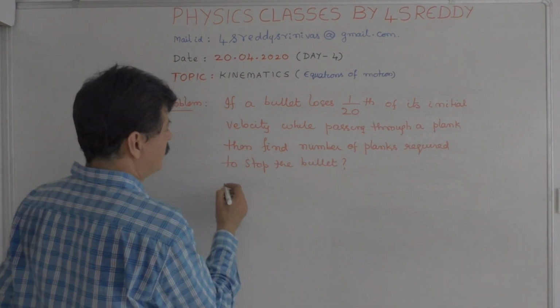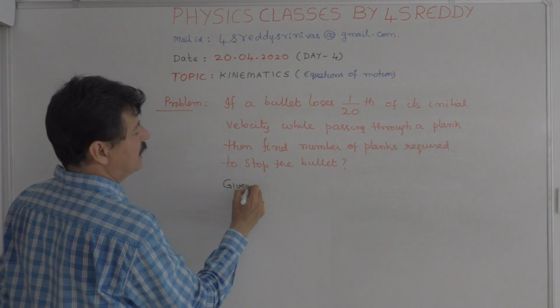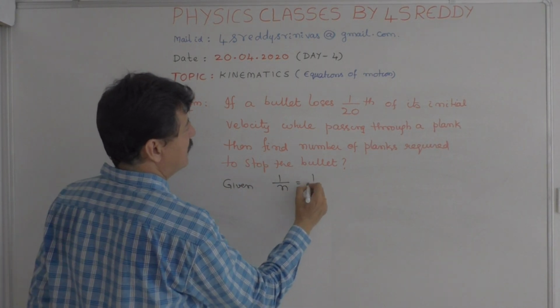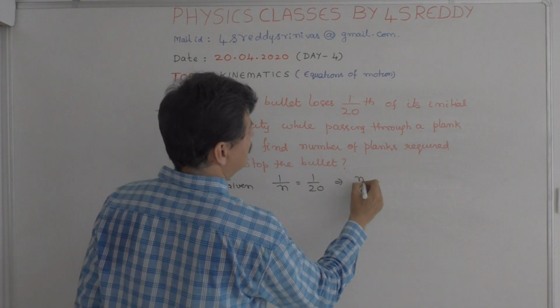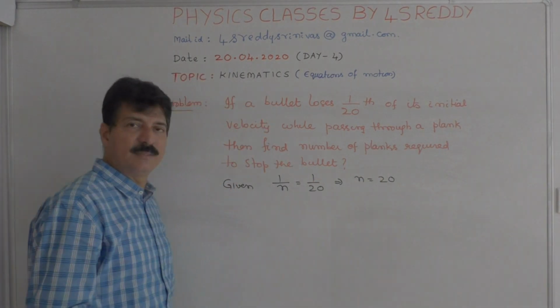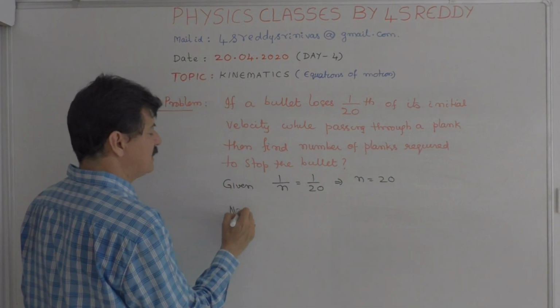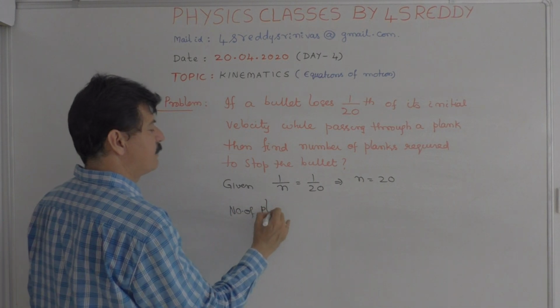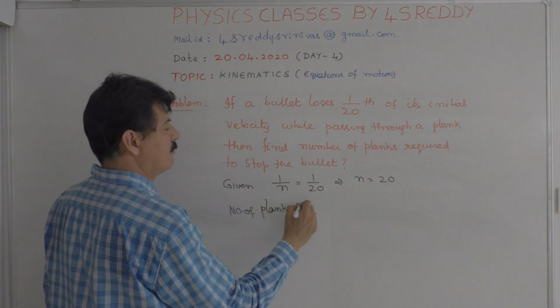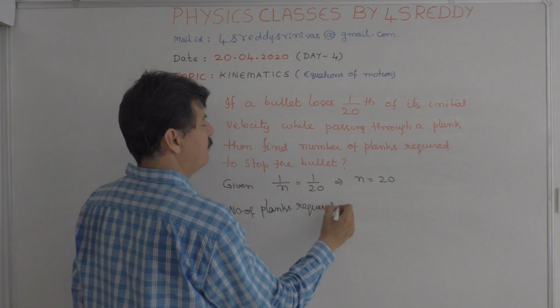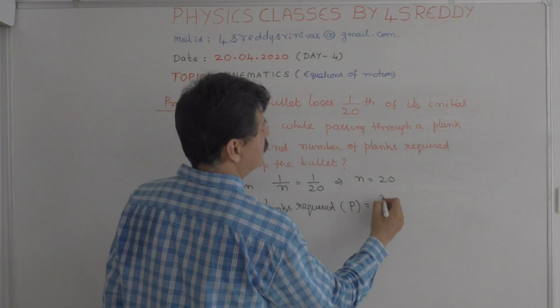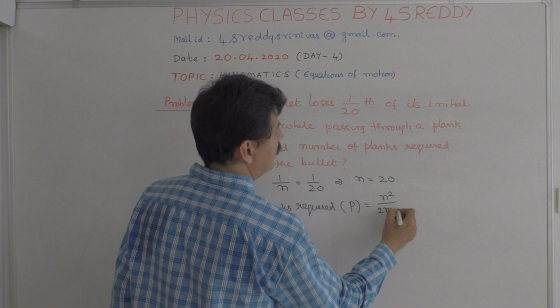Here, what you are given, if you can observe, 1 by n value is given as 1 by 20, which implies n is equal to 20. Therefore, number of planks required is given by the formula p is equal to n square by (2n minus 1).